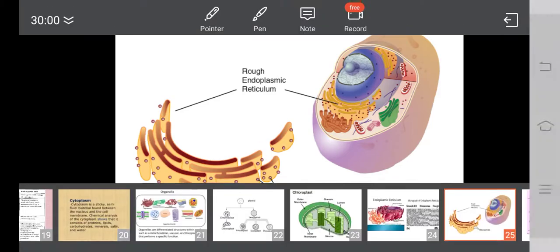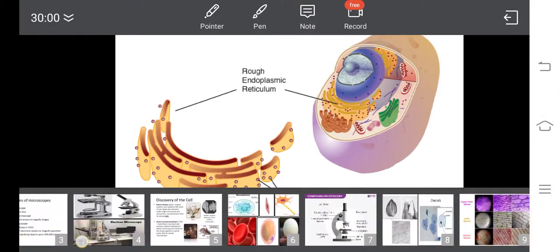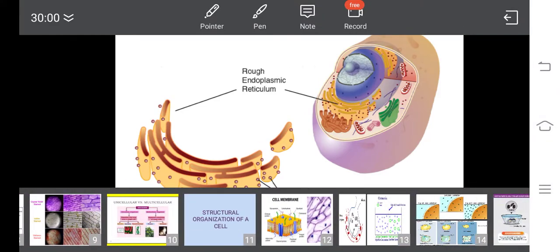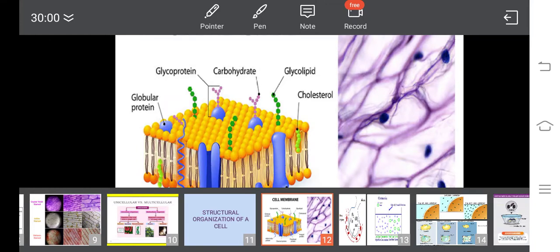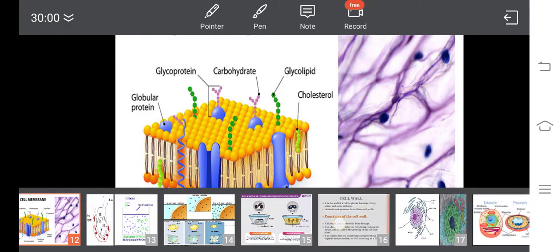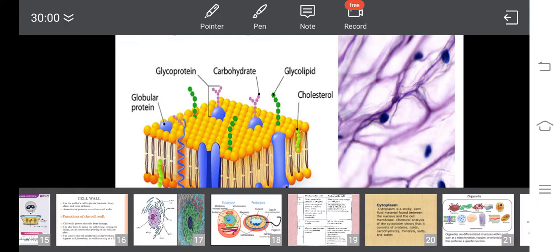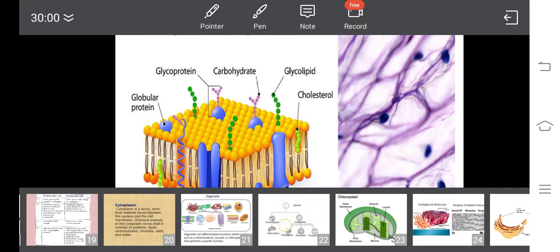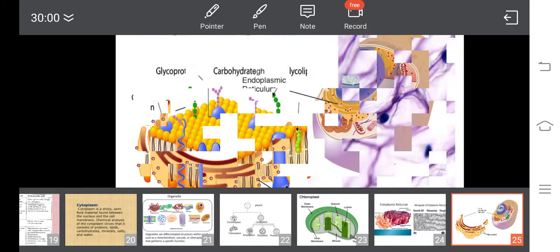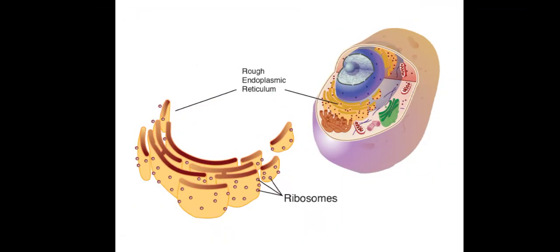Next, smooth endoplasmic reticulum. You know that for the plasma membrane, we learnt the fluid mosaic model. Here the plasma membrane is made up of lipids. One of the components is lipid. These lipids are synthesized by the smooth endoplasmic reticulum. What will these lipids do? These lipids help in the formation of the plasma membrane.